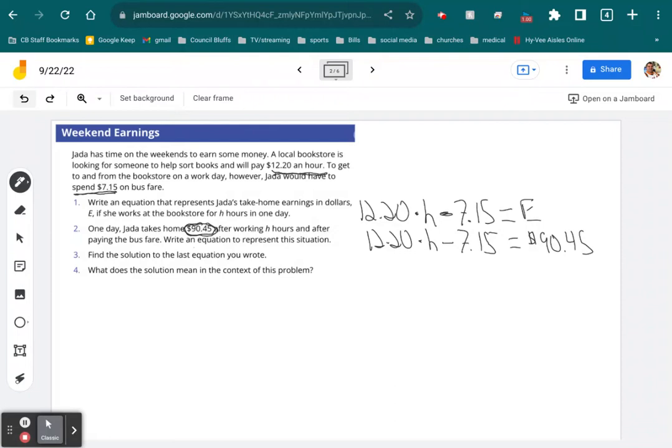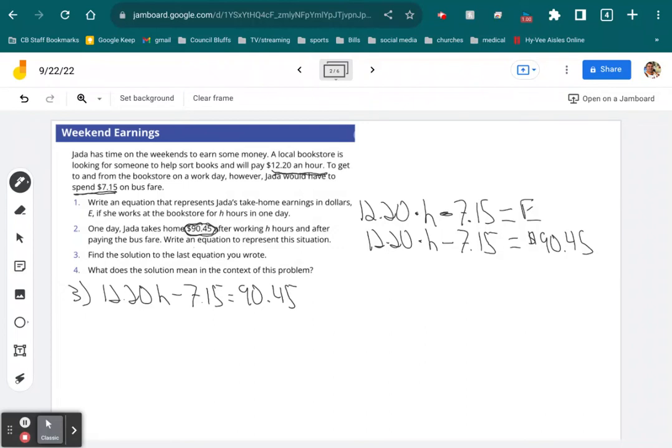Okay. Number 3, which I will do down here, find a solution to the last equation you wrote. So in other words, find a solution to this equation. So I'm going to rewrite it down here. So 12.20 H minus $7.15 equals $90.45.